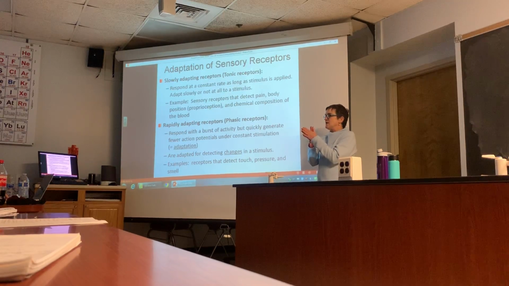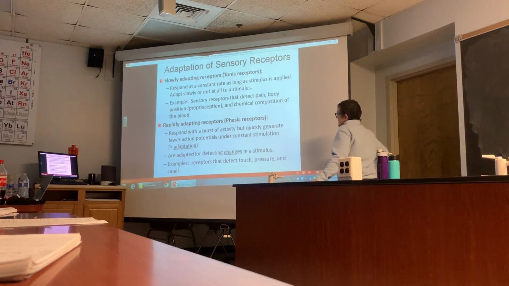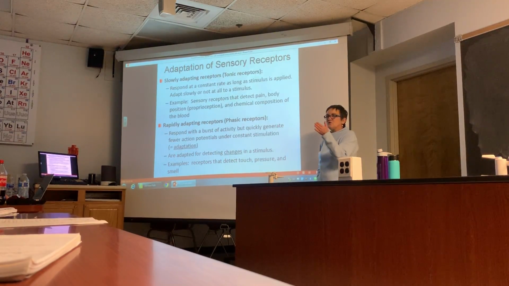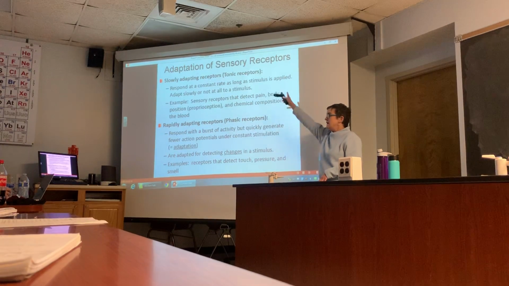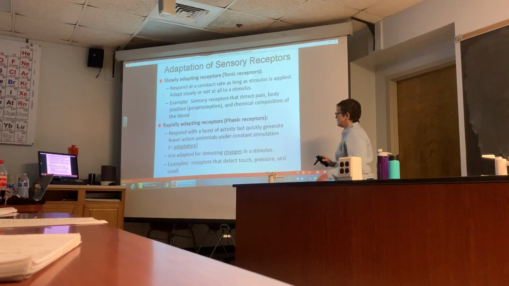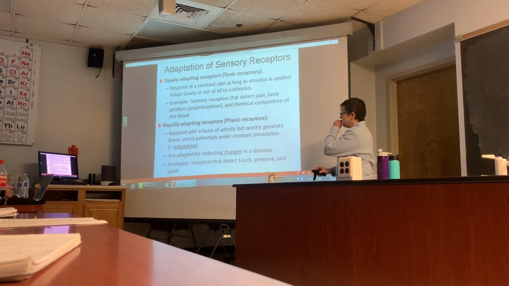With any stimulation, they respond at first by generating lots of action potentials, but then over time they become less sensitive and generate fewer depolarizing graded potentials, which results in fewer action potentials. And that's really what adaptation is. Certain neurons adapt to constant stimulation, others don't adapt at all, or very little. So slow adapting receptors don't adapt very well. The rapidly adapting ones adapt quickly.